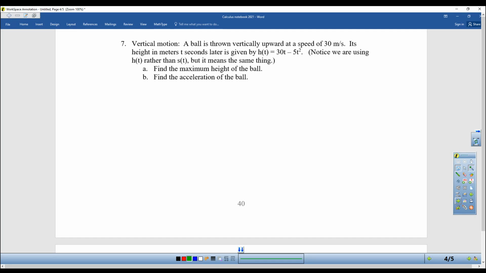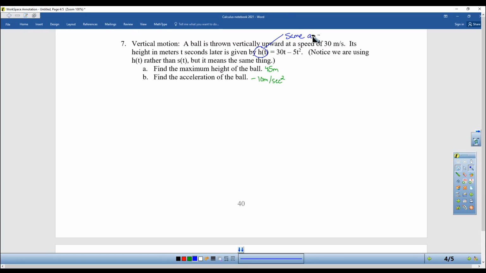Another vertical motion one. This one you very much can try on your own. So I am going to just give you the 2 answers, 45 meters and negative 10 meters per second squared. Would love for you to try this one on your own. So sometimes they use h of t instead of s of t.